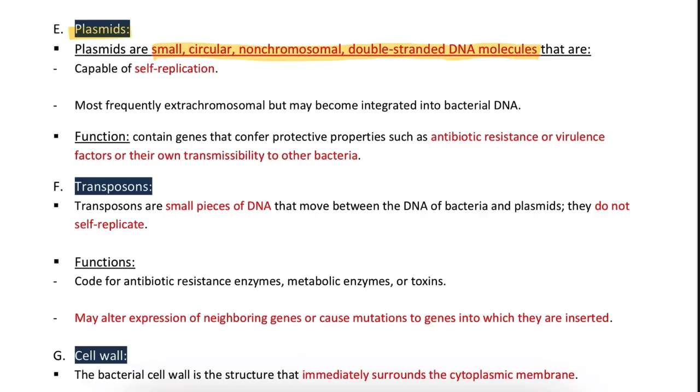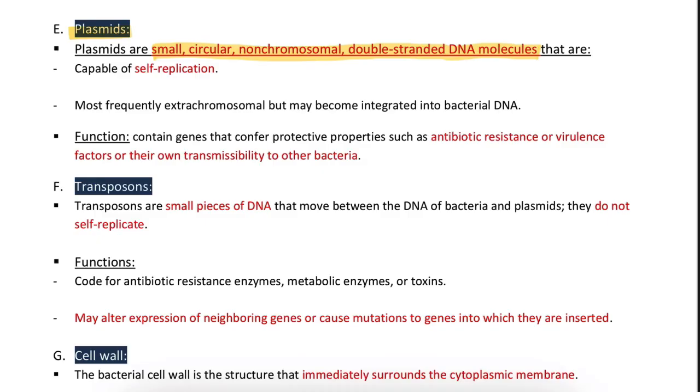The functions of plasmids: they carry non-essential but beneficial genes for antibiotic resistance, for example beta-lactamase enzymes, and virulence factors like toxins, adhesins and immune evasion mechanisms, and fertility factors like the F plasmid involved in conjugation.